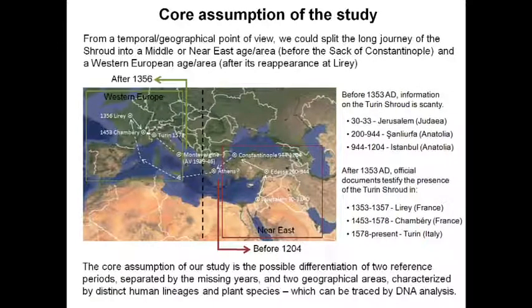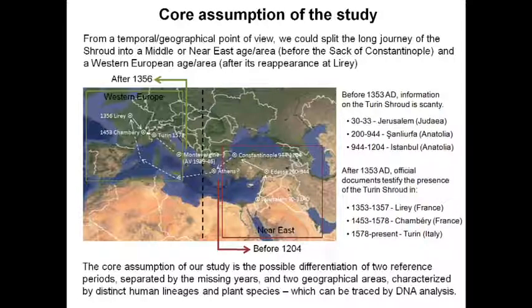From a temporal and geographical point of view, we could split the long journey of the shroud into a Middle or Near East age and area before the sack of Constantinople, 1204, and into a Western European age and area after its reappearance at Lirey.